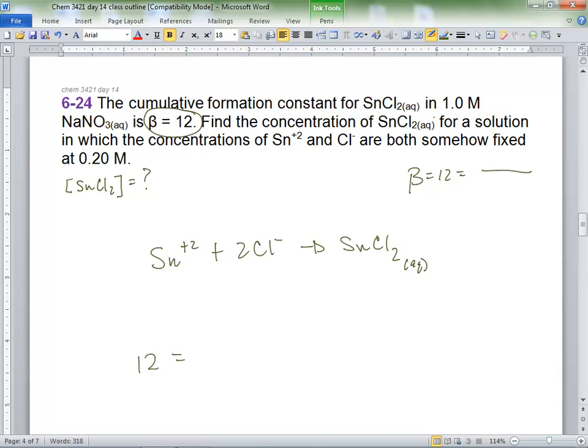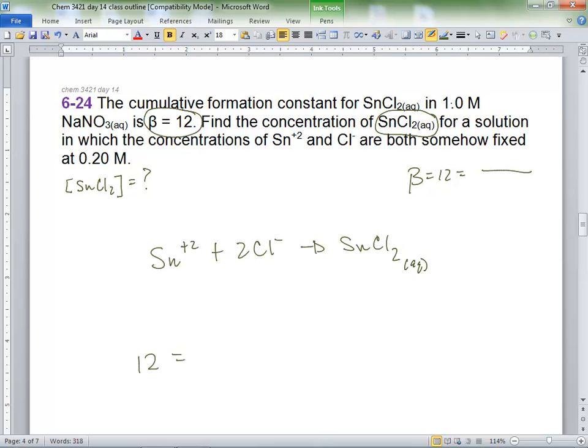The only reason why I know is this. If it was a solid, it wouldn't be a formation constant expression. It would be a KSP problem. Well, it's AQ. It's in the problem. But also, if it was S, it wouldn't be a formation constant problem. I think if the complex ion formation stops here, that'd be a KSP problem.